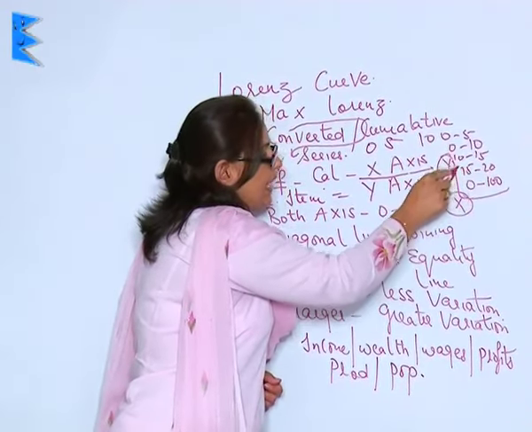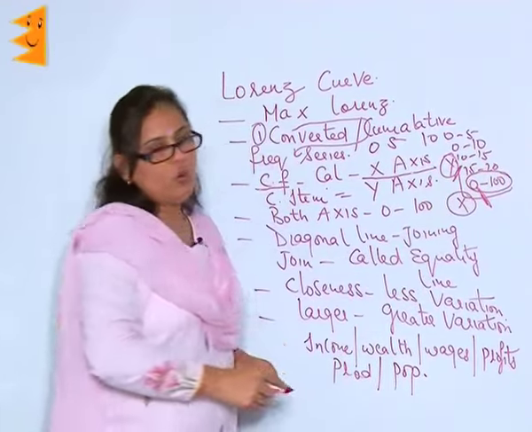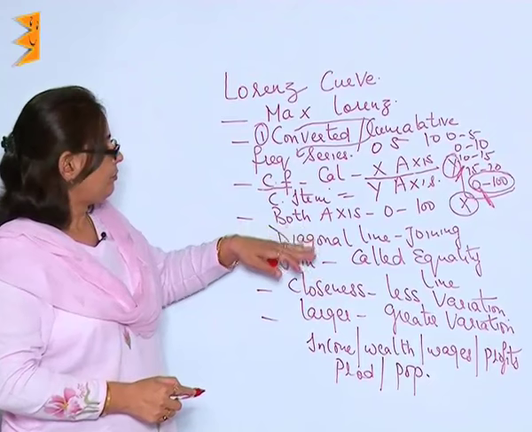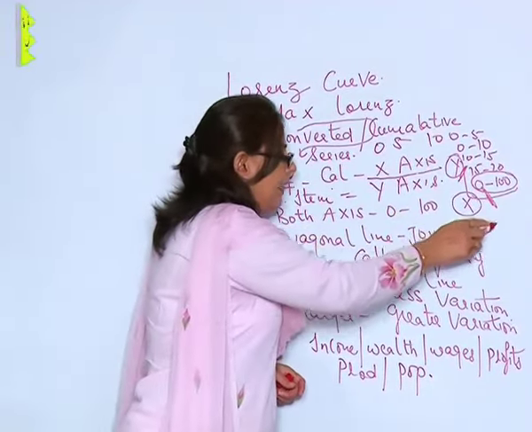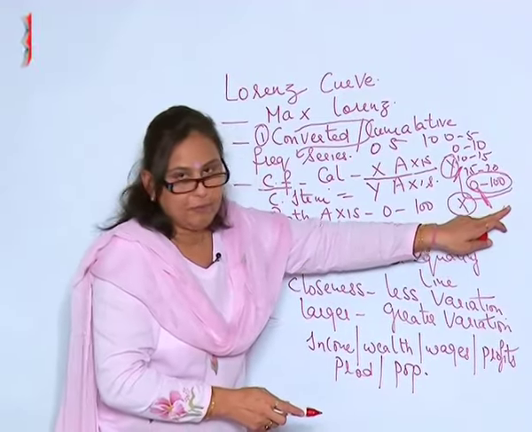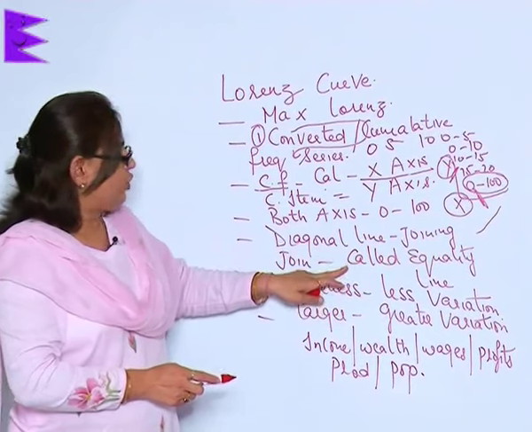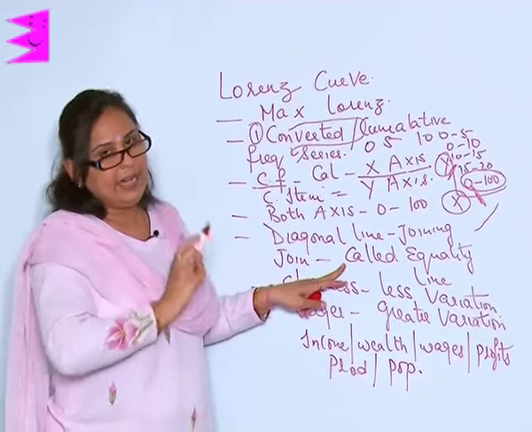And after that, we draw a diagonal line which joins 0 to 100. This diagonal line is called the equality line.